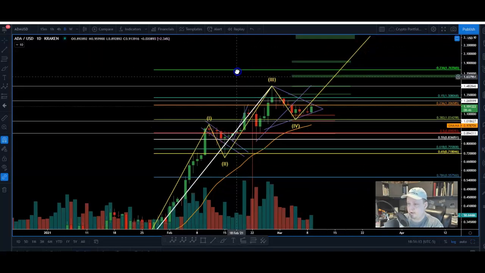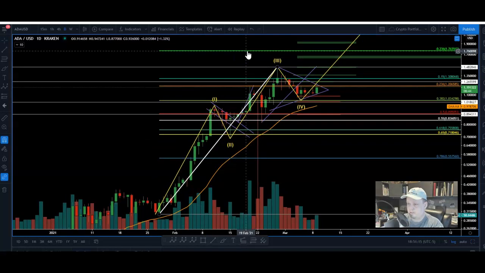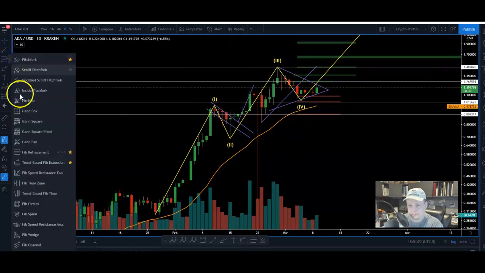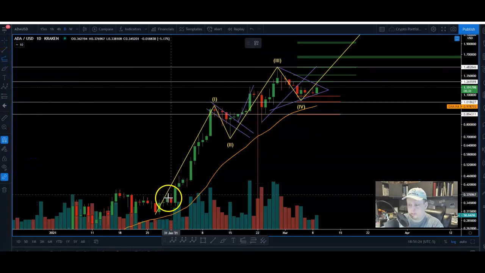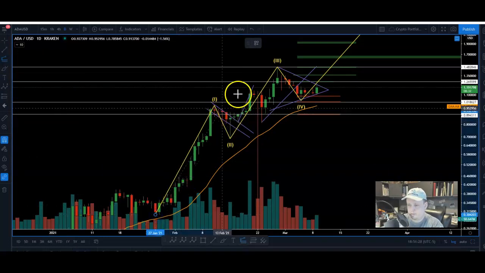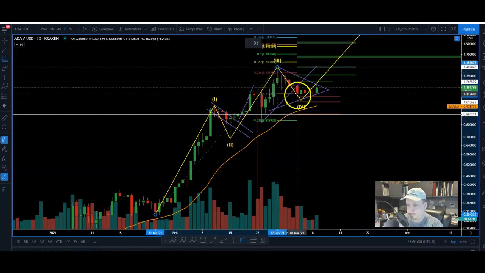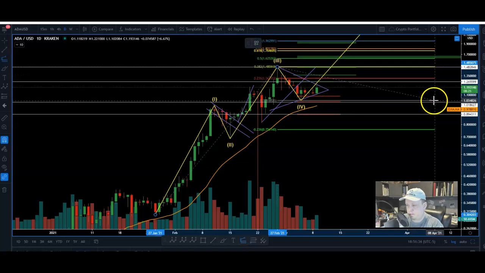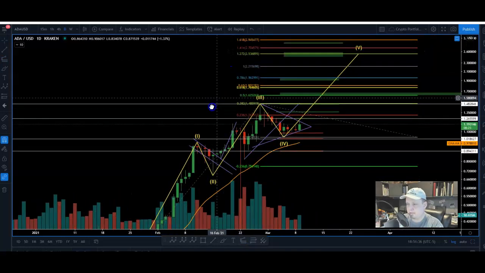So if this bottom is in, then this is where we're headed. And you can figure out that target, if I take away this Fibonacci, by going to Fibonacci extension, and you take from here all the way up to 3 down to here, and now you got some targets.